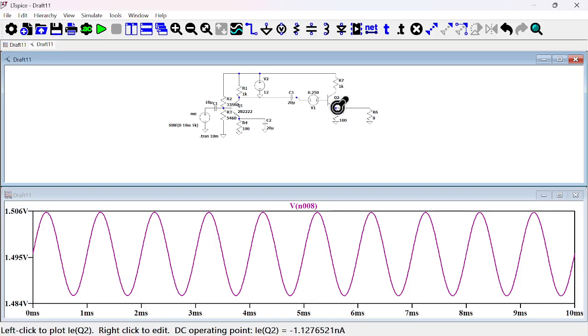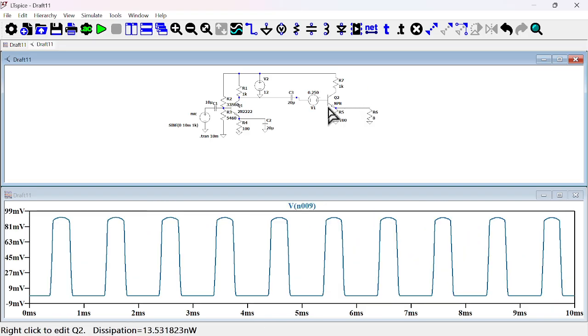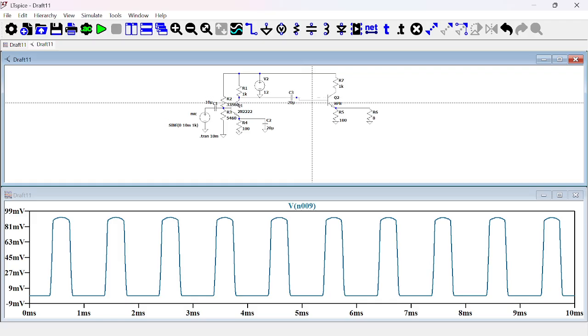So we will just try our simple biasing technique here. It's not well biased, so I'm going to delete this. One thing we know is the simple biasing technique would always put our device in forward active mode. So I'm just going to repeat without doing any weird calculations.